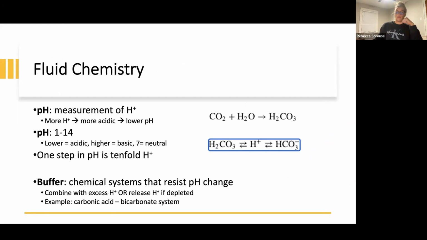If we're talking about fluid chemistry, we're talking about pH, for example, and pH is the measurement of hydrogen ions in the bloodstream. So I said hydrogen is acidic, right? So if hydrogen is acidic, then we are paying attention to how many of those we have in fluid and then measuring the pH off of that. So the more hydrogen ions you have, which are free hydrogen, the more acidic you are and the lower the pH you are.